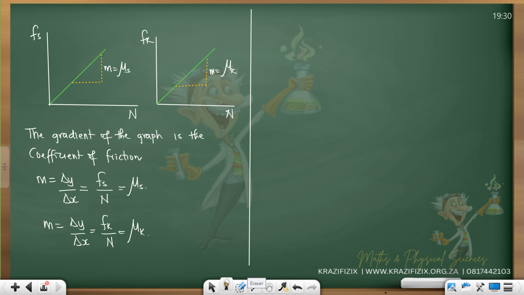Okay, so we have looked at all the forces. Quickly, free body diagram versus force diagram. This is very, very important.